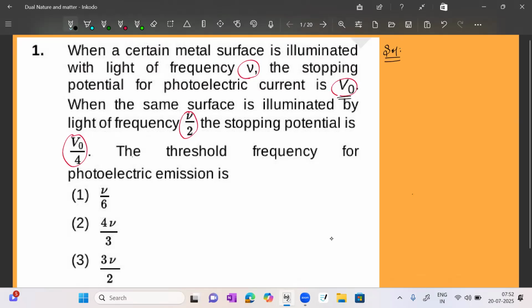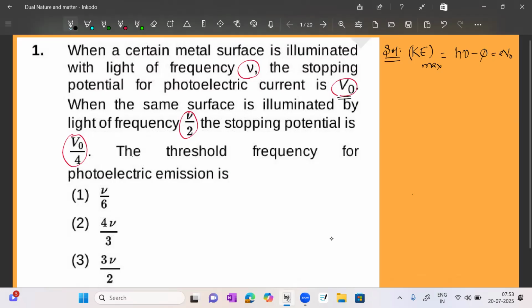And we have the formula K max equals hν minus work function, so this can be written as K max value eV naught.